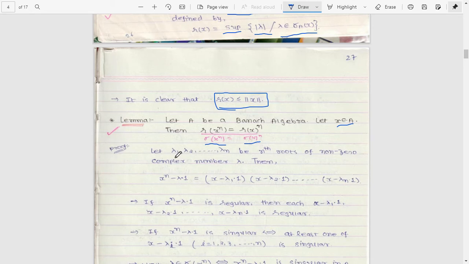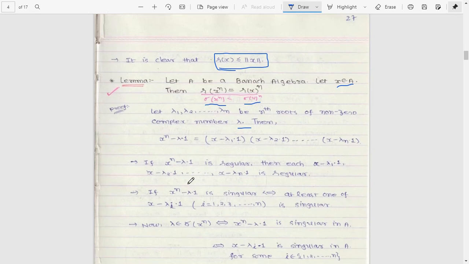Let lambda 1, lambda 2 up to lambda n be the nth roots of a non-zero complex number lambda. Then x raised to n minus lambda into 1 is equal to x minus lambda 1 into 1 times x minus lambda 2 into 1 up to x minus lambda n into 1.